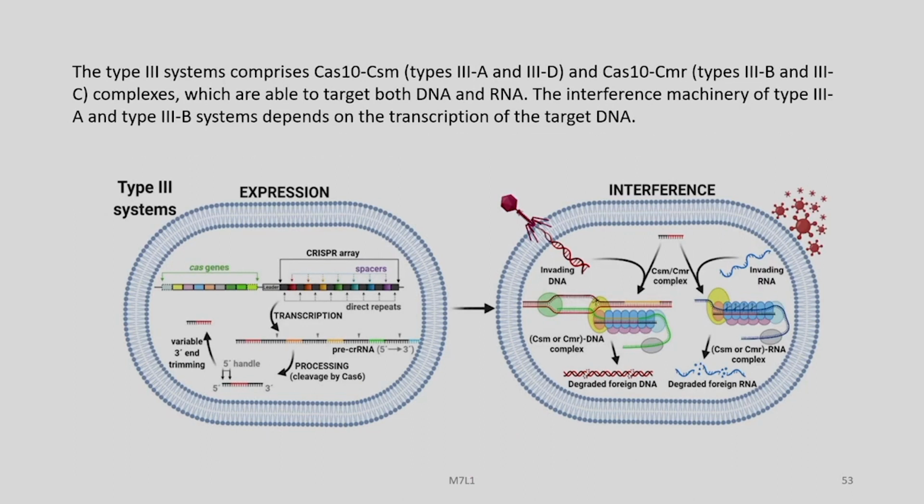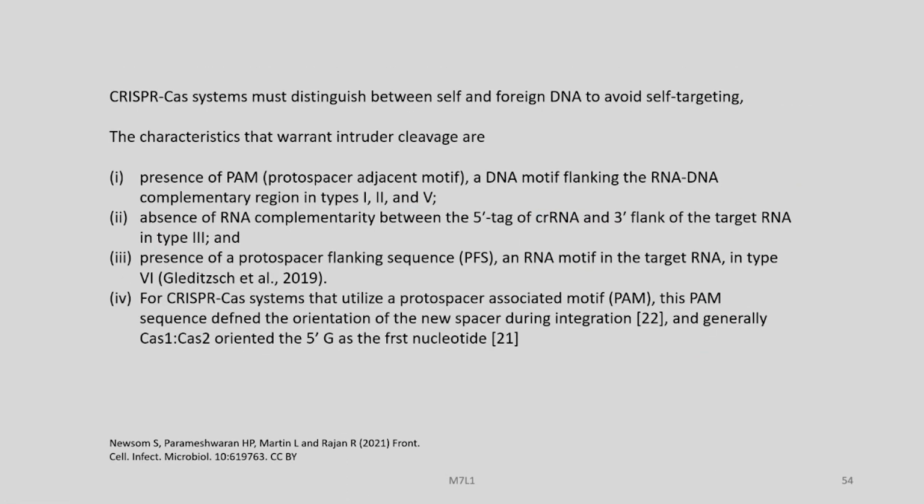This is a type 3 system which comprises Cas10-Csm and Cas10-Cmr complexes, which are able to target both DNA and RNA. The interference machinery of type 3A and type 3B systems depends on the transcription of the target DNA.